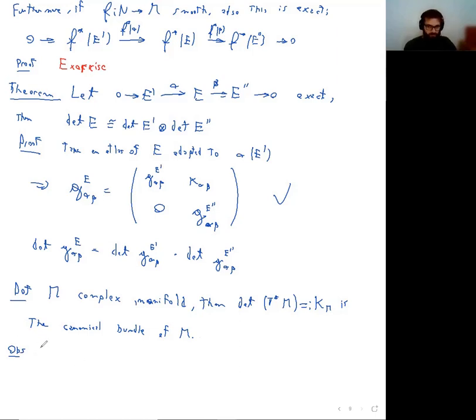Now I want to give you an observation. So let's take a line bundle, L, for instance, this K_M. If you take L tensor L star, this is, we know, the homomorphisms from L to L, correct?